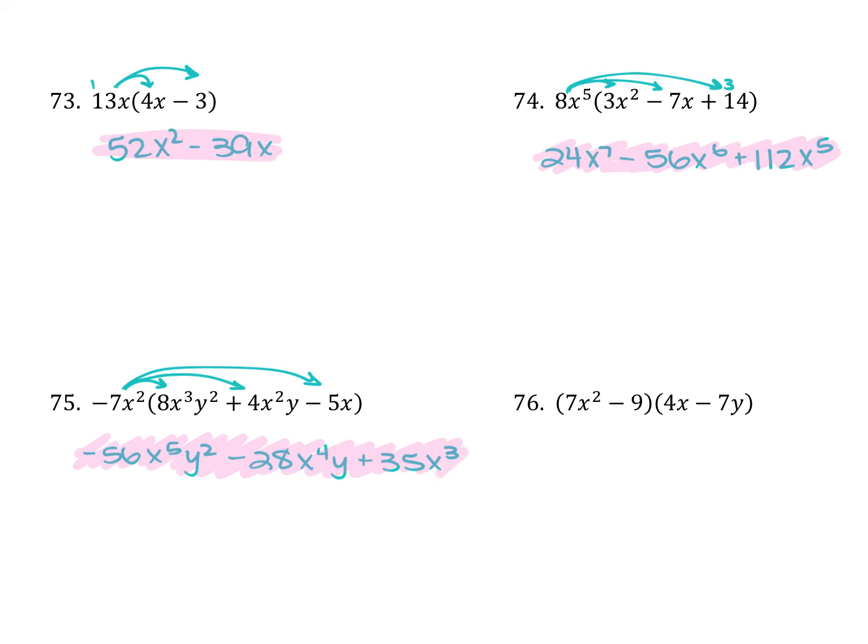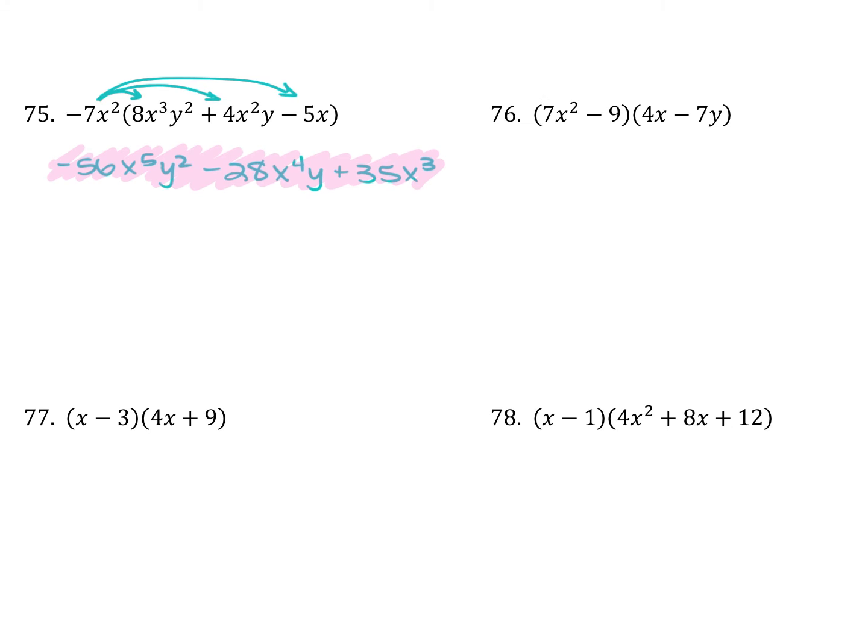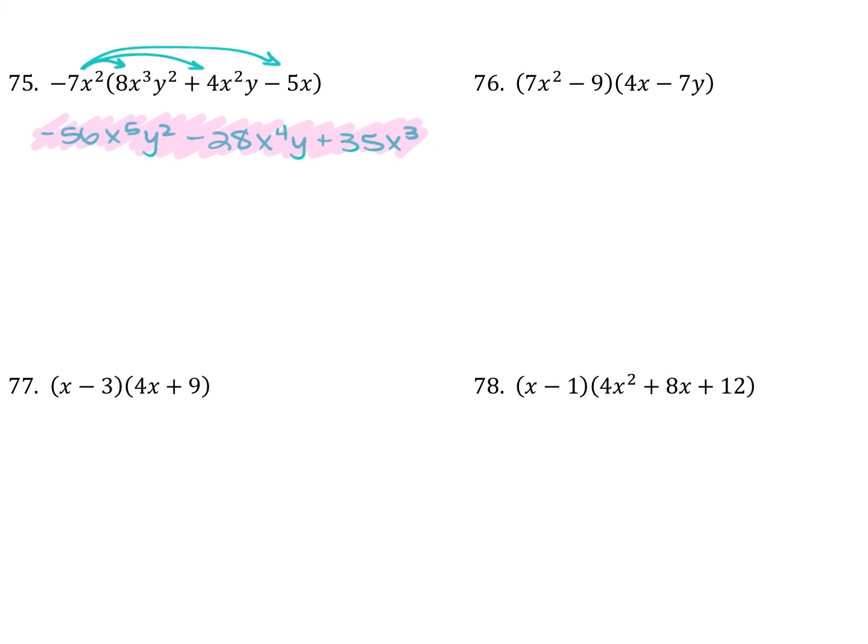For 76, you have 7x squared minus 9 times 4x minus 7y. We're foiling this one. So we're going to do 7x squared times 4x, which is 28x cubed. Then 7x squared times negative 7y is going to be negative 49x squared y. Then the negative 9 times 4x is negative 36x.